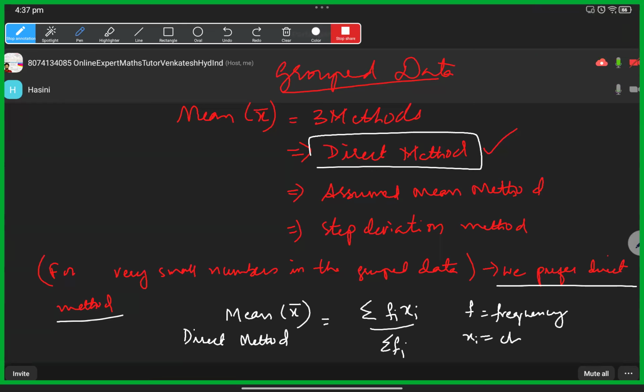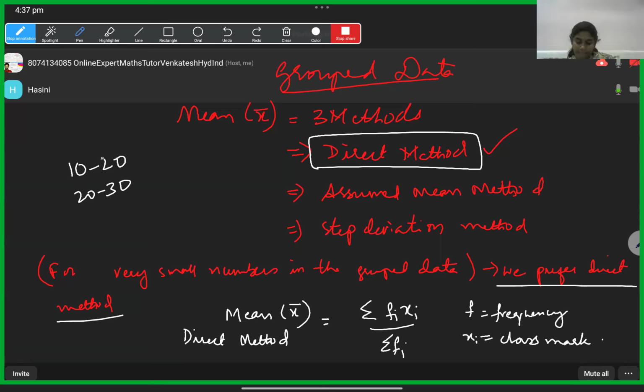What is the class mark? I'll explain while doing the sum, but you should have an idea of it. Suppose we have class intervals like 10 to 20, 20 to 30. Class mark means we add the upper limit and lower limit, 10 plus 20, divided by 2.